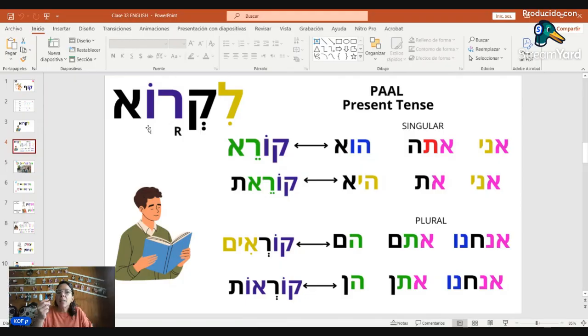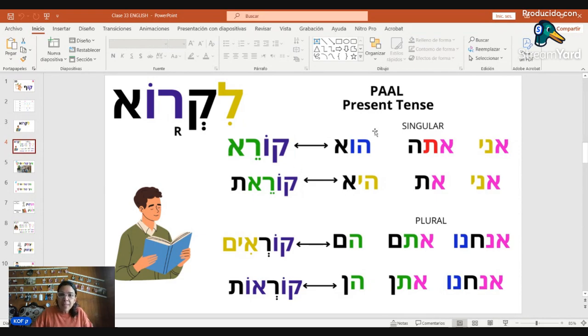Shoresh is the root. Once we have the shoresh, we just need to change holam vav to the second position. So masculine singular: ani, ata, hu, kore.